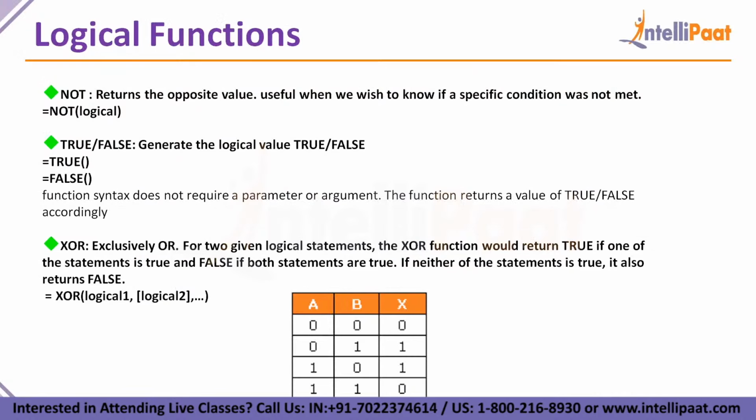Now let's take a look into the truth table of the exclusive OR function in order to understand what is said. So we talked about the OR function, right? Whenever either the condition or either the statement is true, the function gives an output as true or the one value. That is an inclusive OR. So here it is the exclusive OR function. What does it mean?